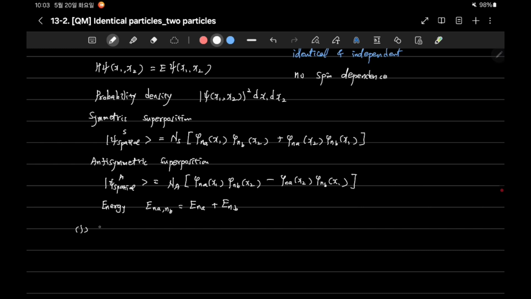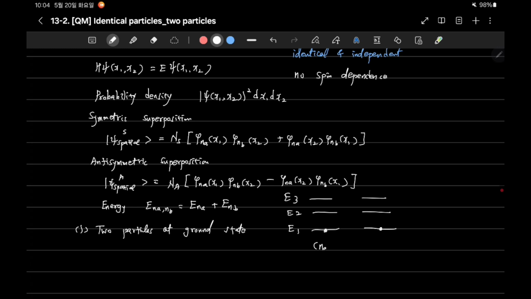Let's restrict our discussion to two particles at the ground state.